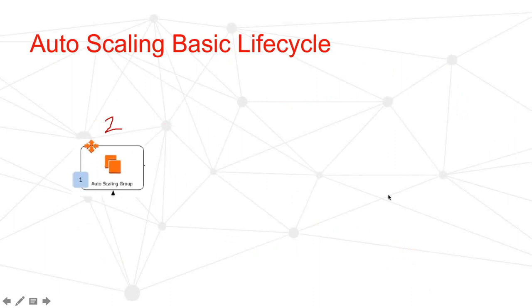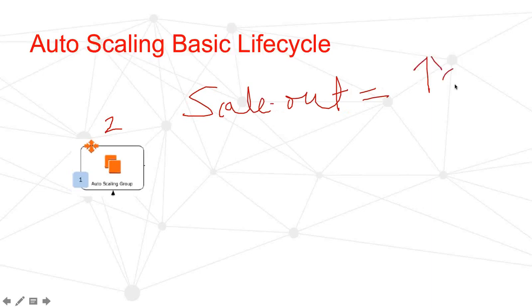Now, you have to trigger something called a scale out event or scale in. Please pay attention. Whenever I say scale out, which means I want to increase my number of instances, that's called scale out.